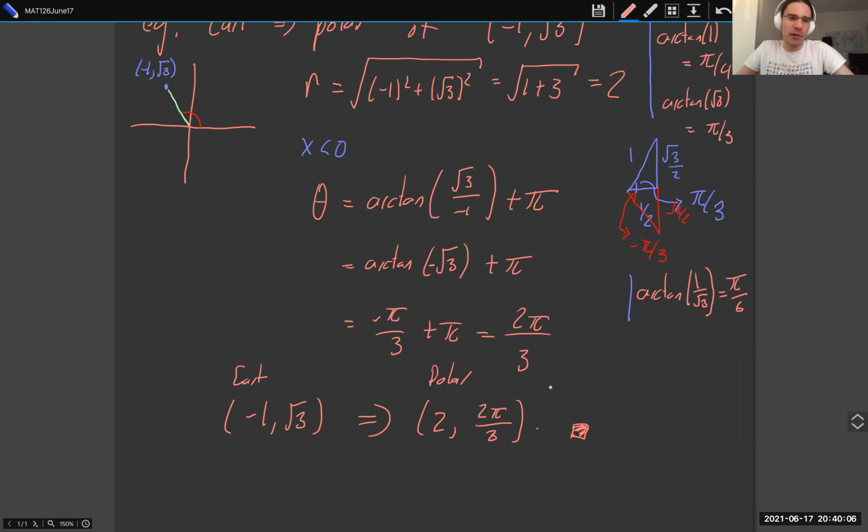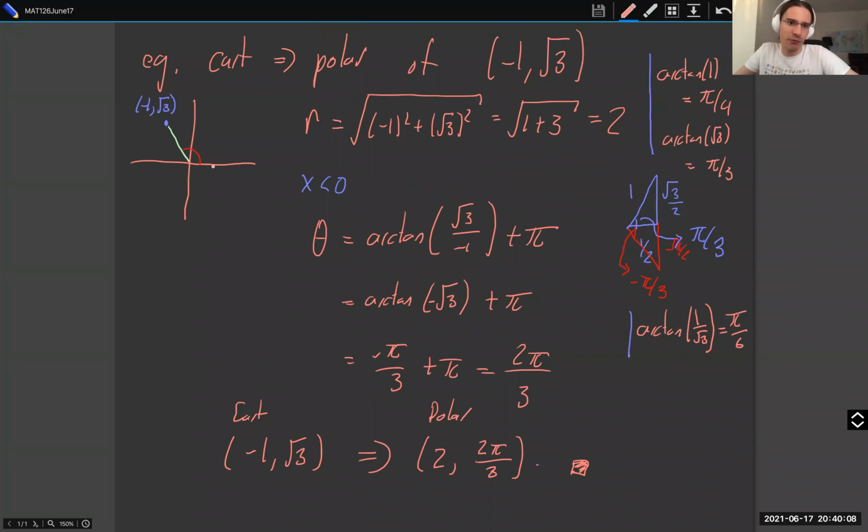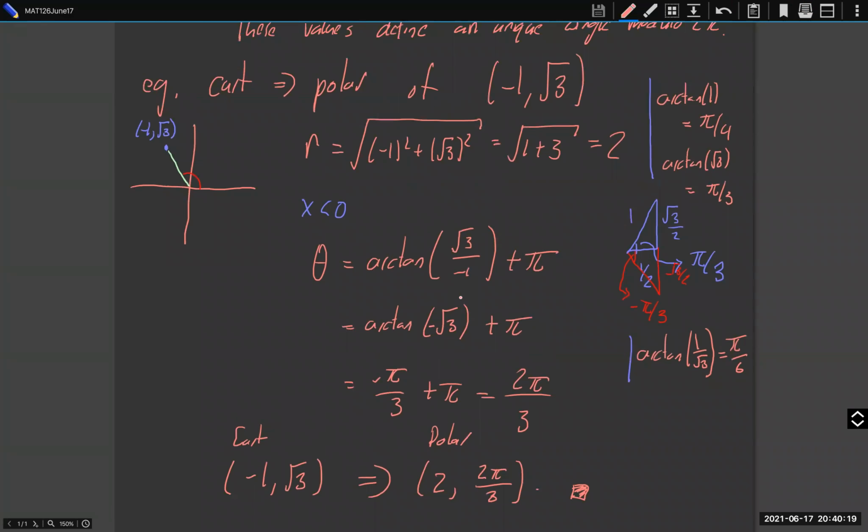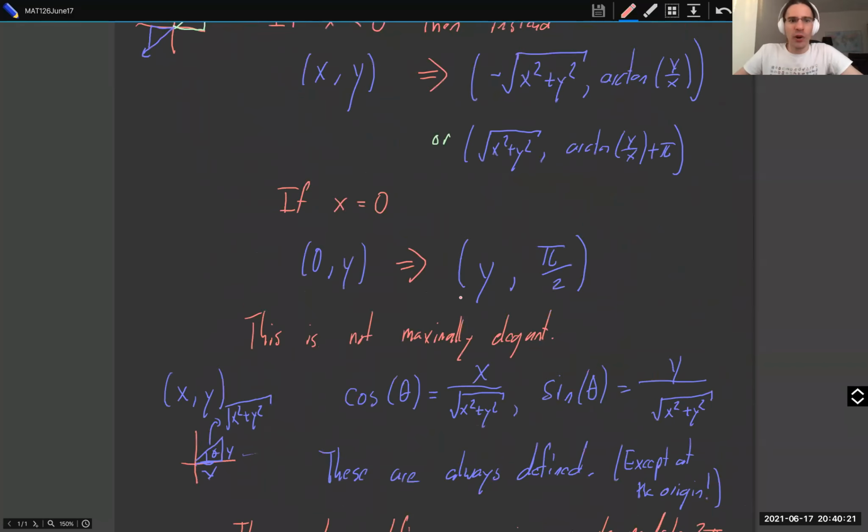So here are 2 examples of converting both ways. In this example, x is less than 0, so we had to remember to add pi. So this is another coordinate system.